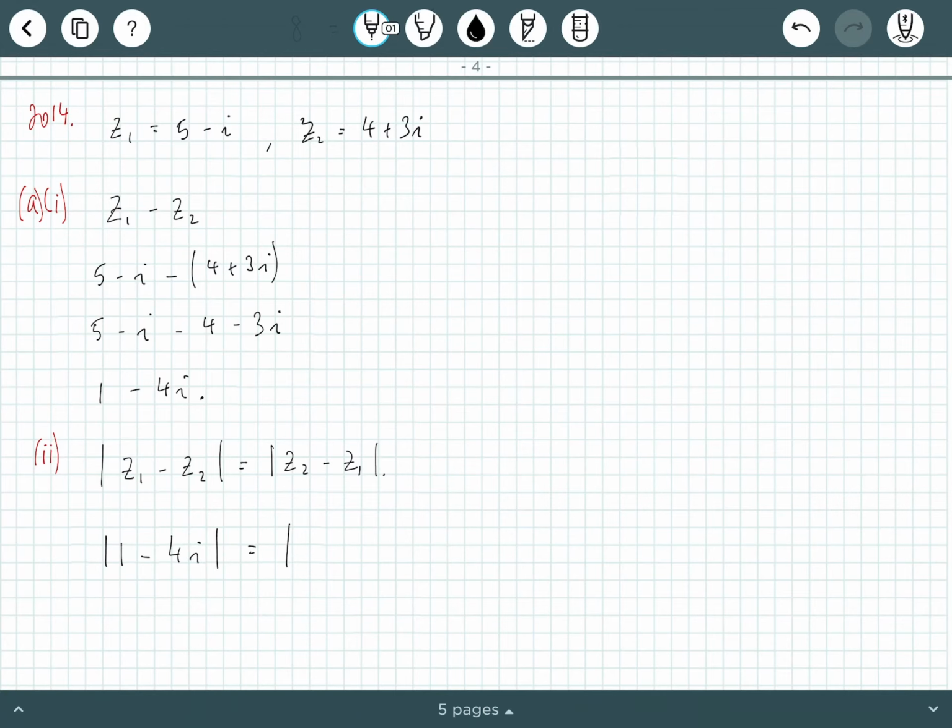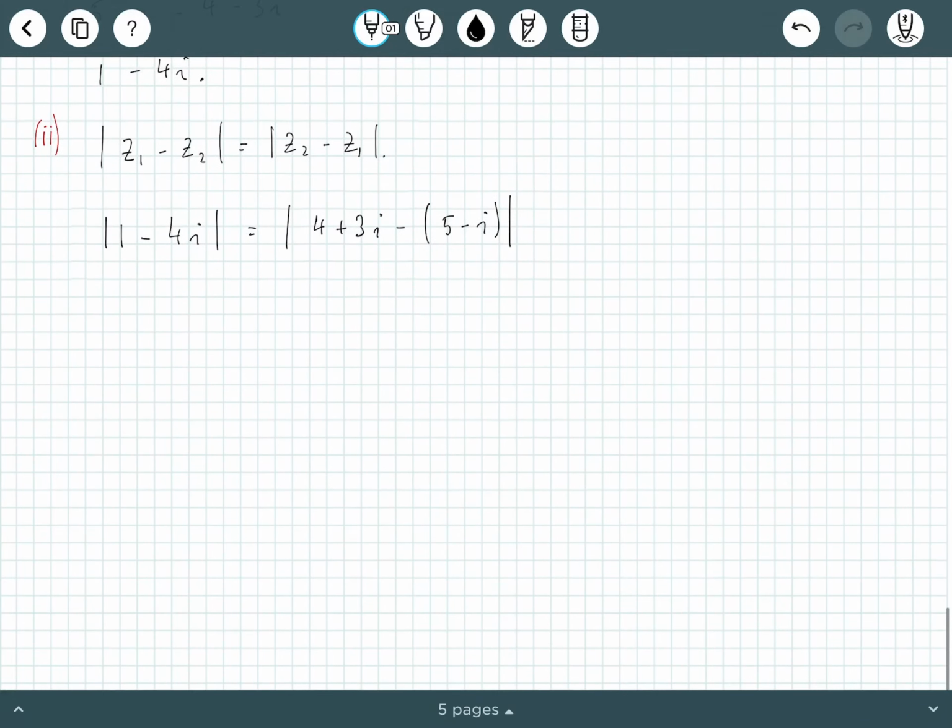Now Z2 minus Z1 is 4 plus 3i minus bracket 5 minus i. We'll leave that for the time being. So it's going to be 4 plus 3i minus 5 plus i. We'll tidy this up now. 4 minus 5 is minus 1, and 3i plus i is 4i.